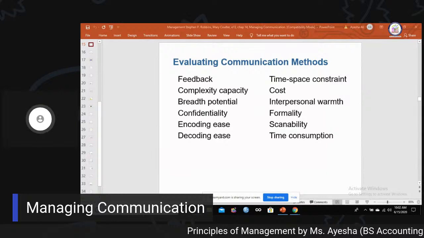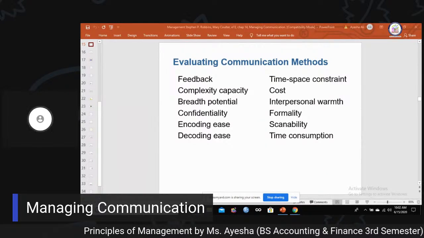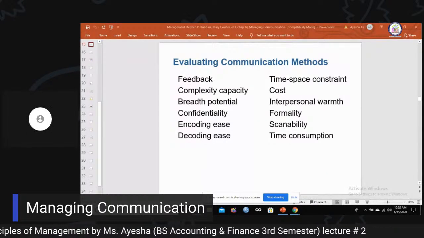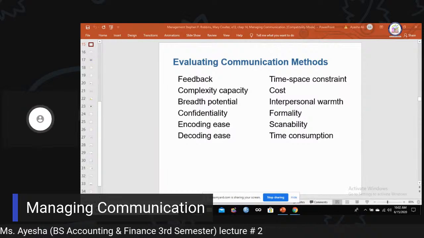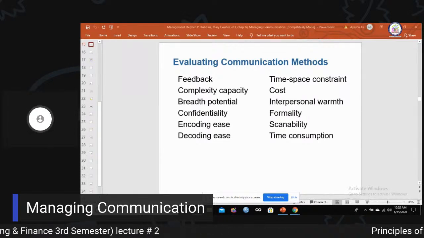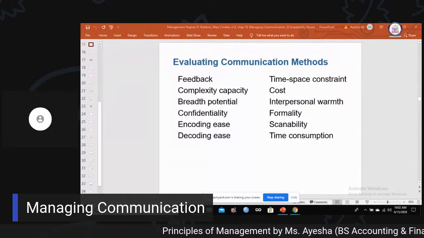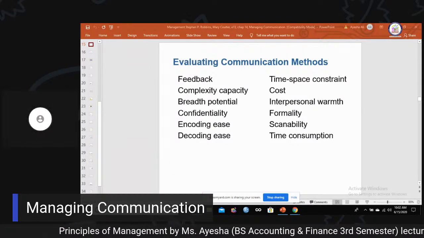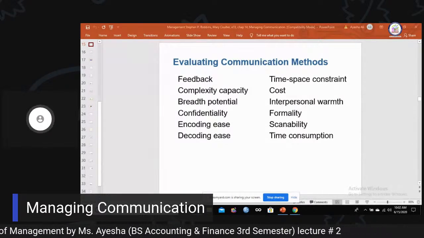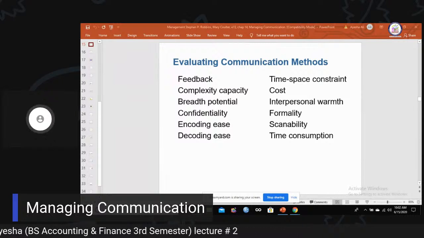So every channel has its own range, its own breadth. We choose the channel according to our need for communicating with the other person, and according to our suitability.